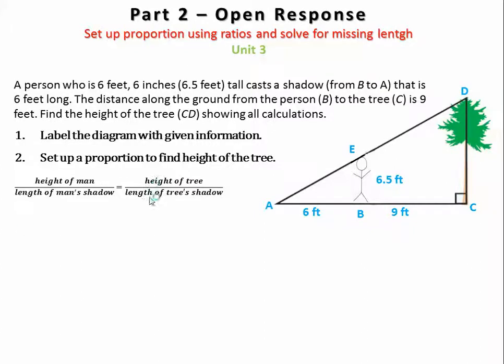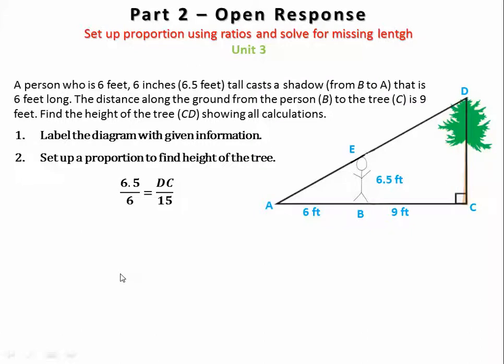See how I've got the height of the tree over the length of the tree shadow? Well, the tree shadow includes from point C to point A. So that's why I have to combine 6 and 9. And that's where I get 15.